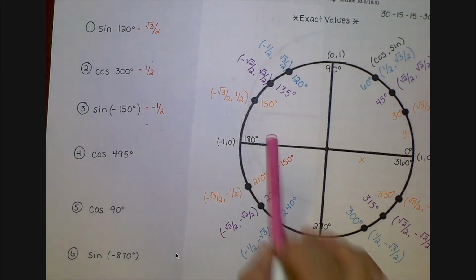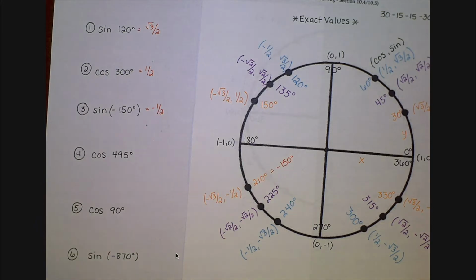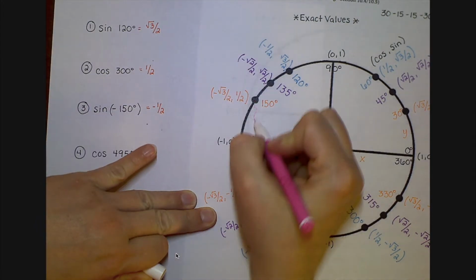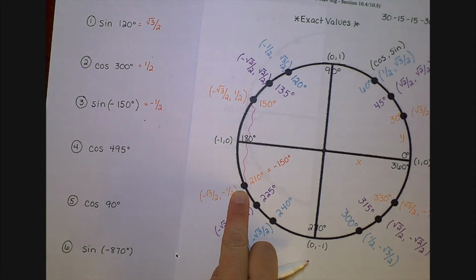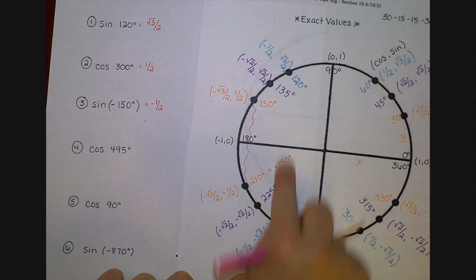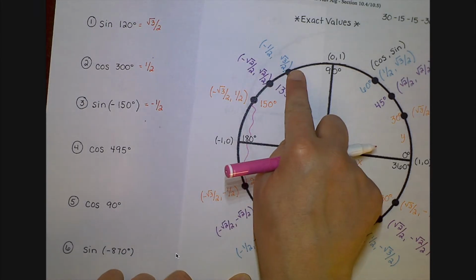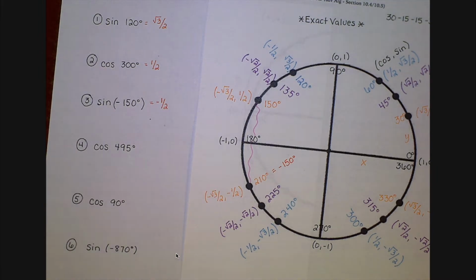So if you're looking for negative 150, you can find positive 150 and then just draw a line straight down, and that'll take you to negative 150. If you were looking for negative 240, draw a vertical line straight up, and there's negative 240. So negative angles always go straight up and down from one another.